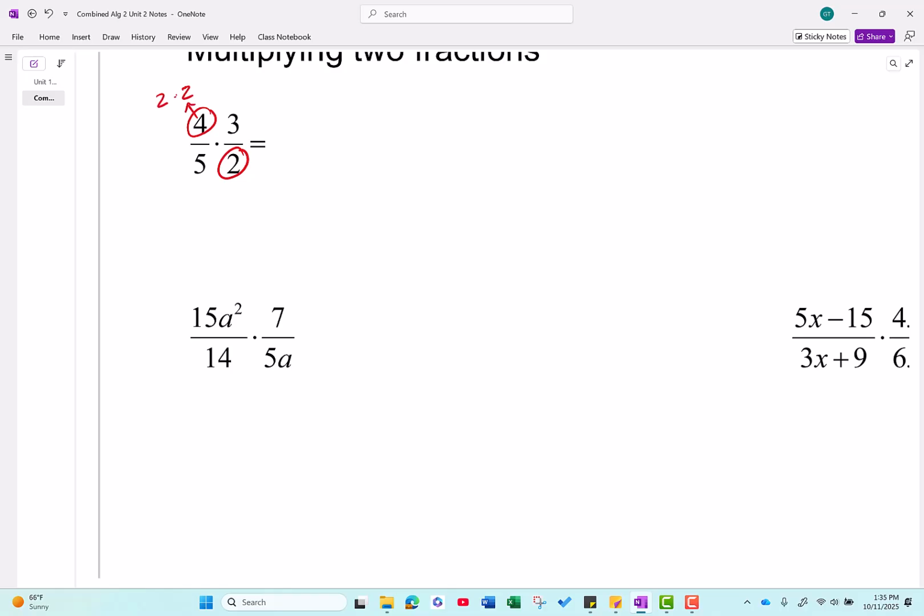If I break it down into its factors, then I can cancel a 2 down here and a 2 down here. So then I get 2 times 3 is 6 over 5, which, if I had just multiplied across and gotten 12 over 10, I would have divided by 2 and ended up with 6/5 as well.